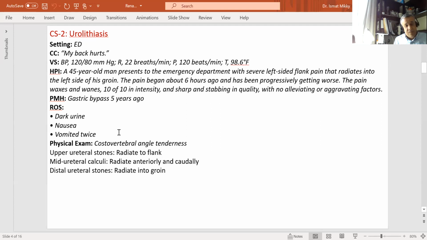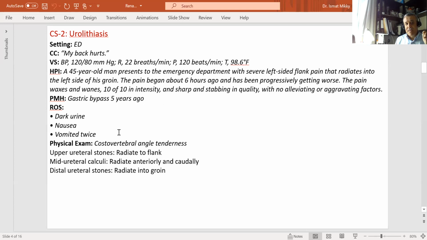So we have three different levels of kidney stones in terms of the presence of the kidney stones: the upper ureter, the mid ureter, or the distal ureter. You see how the pain is going to be different.